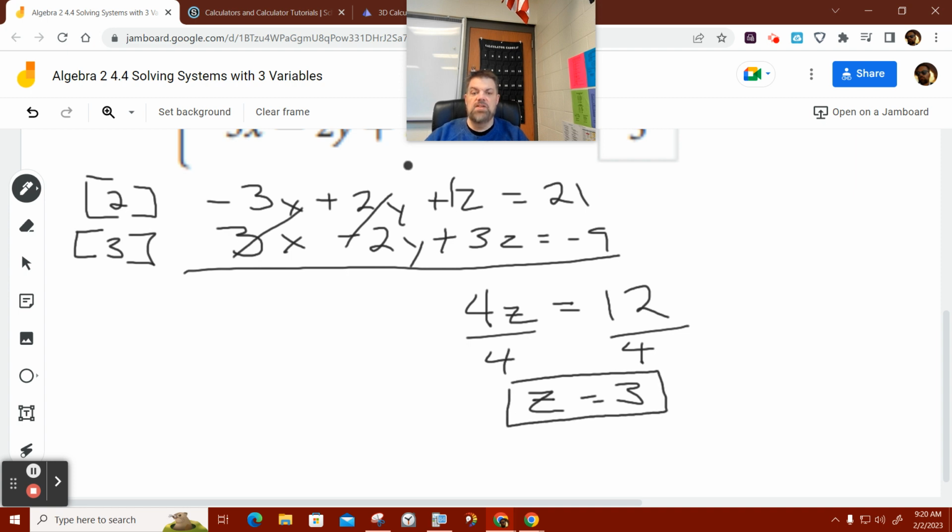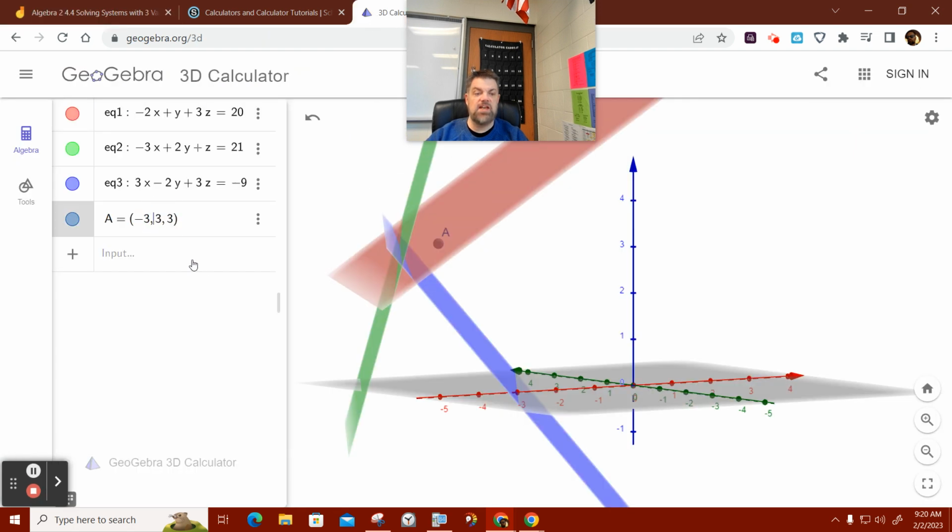Okay? So now that I know z, let me go back and plug that in for my z value, which is 3, right? Maybe I'll do it this way. Maybe we'll do x comma y comma z. And now notice when I hit enter, it'll give me sliders.